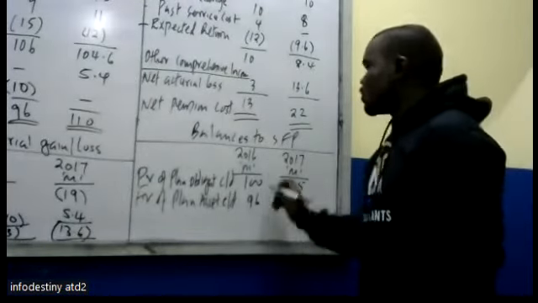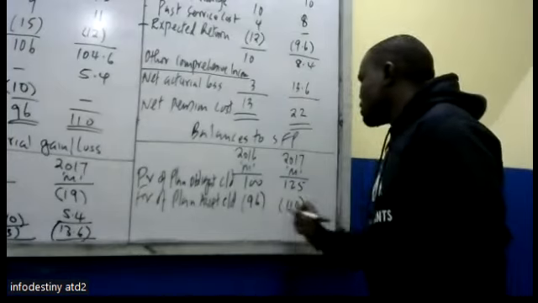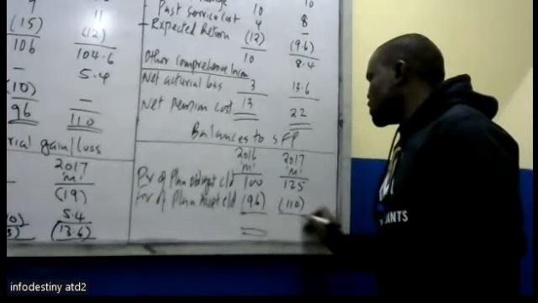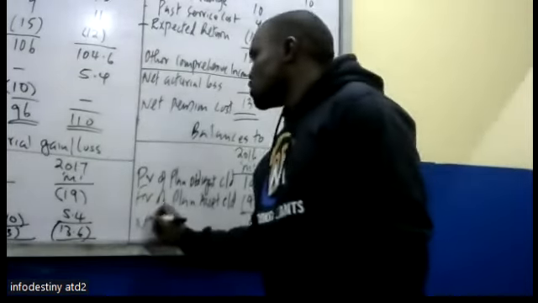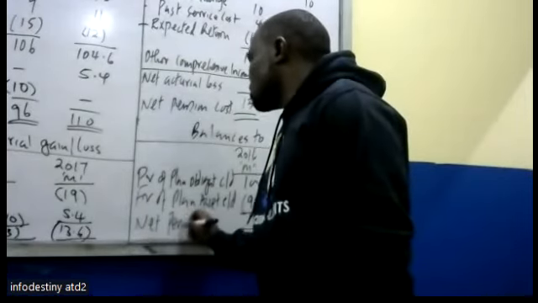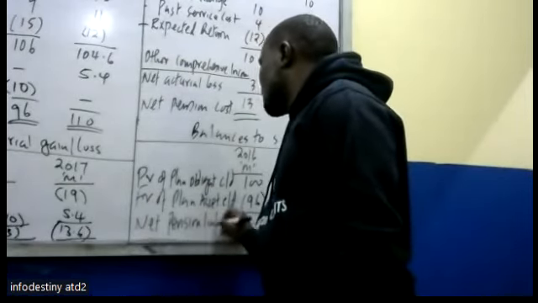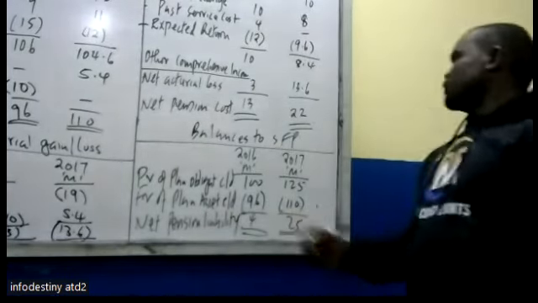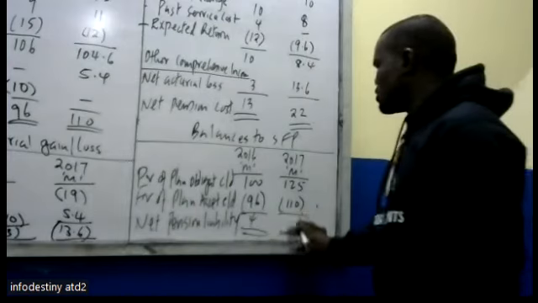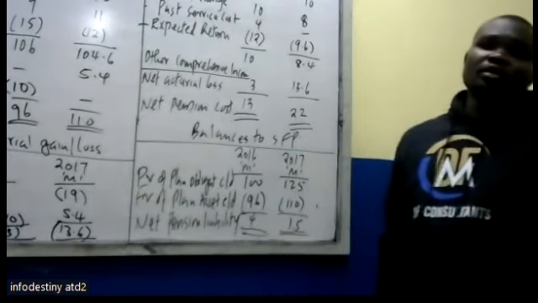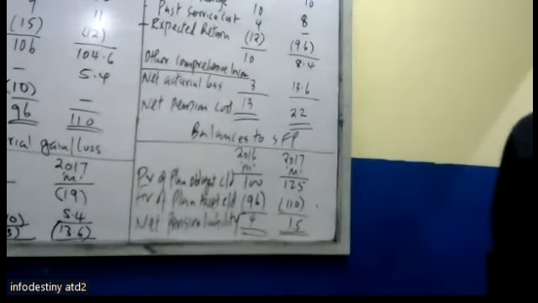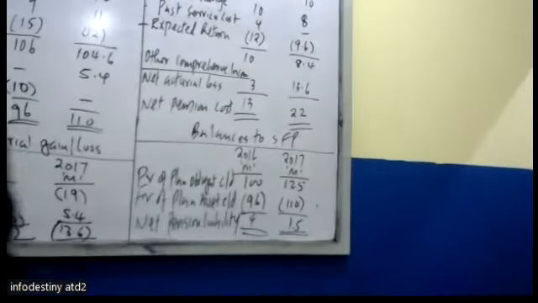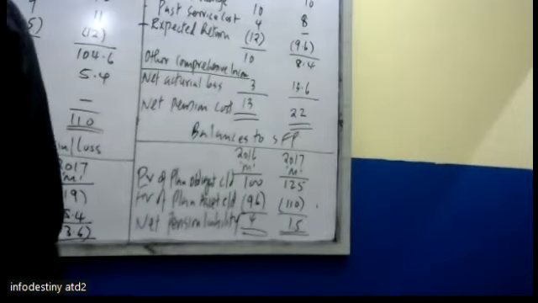So use the assets to reduce your obligations. So net pension liability, it will be a liability. Net pension liability for 15. Net pension liability is 15. Good.